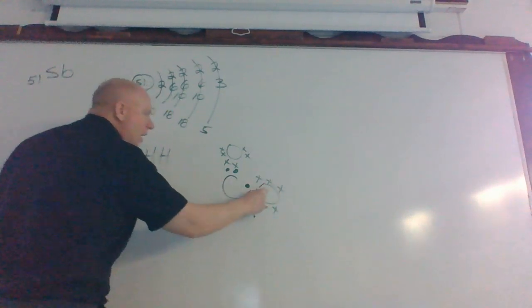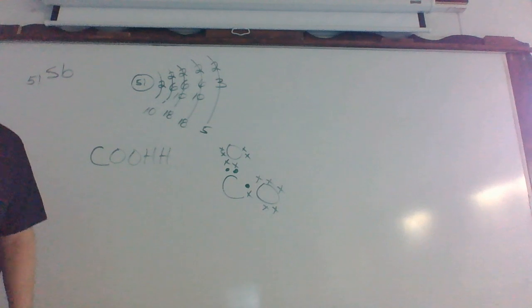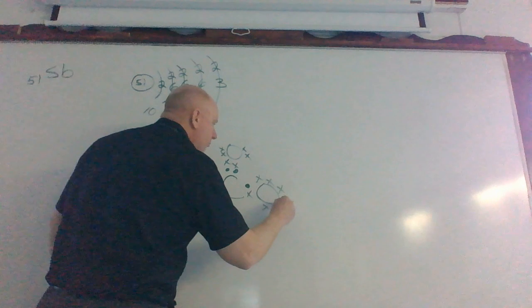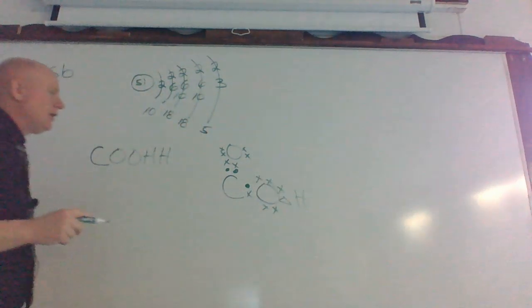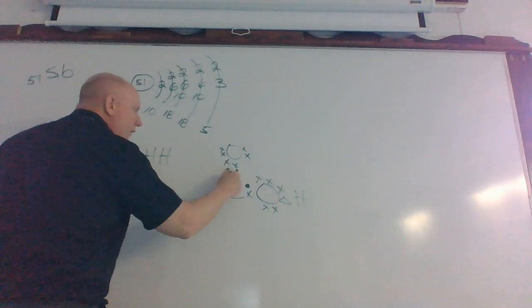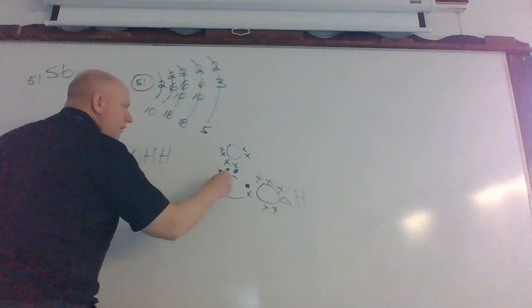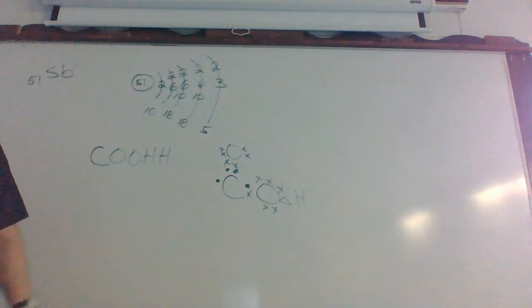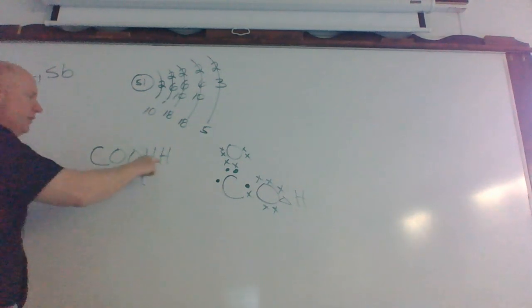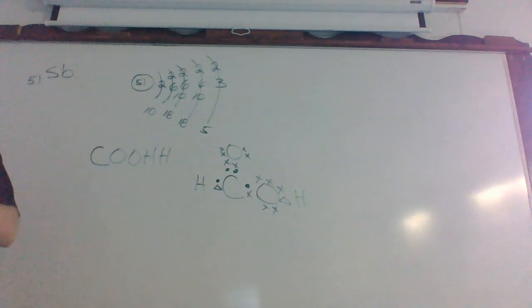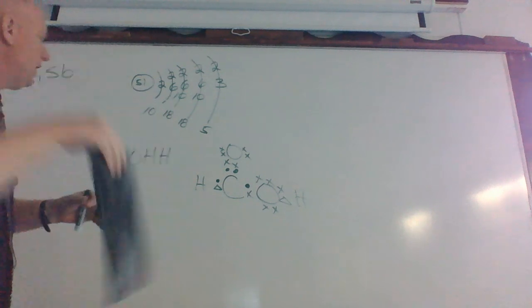So how many are around that oxygen? 7. It needs how many more? 1. So that is true, but what is the problem with this so far? Okay, the carbon only has 3 so far. It needs 4 for the dots. Now it's got 4, 6, 7. It's still 1 short, but what we didn't have up here yesterday was that last hydrogen. There we go. Now we got it. Just wanted to address that real quickly.